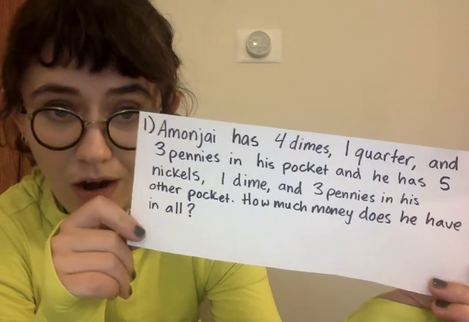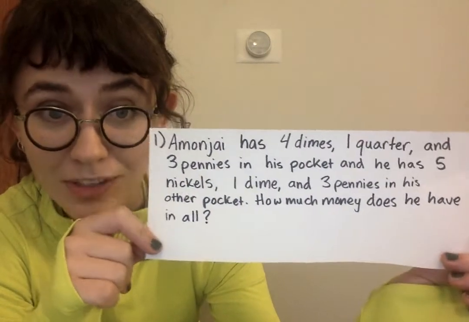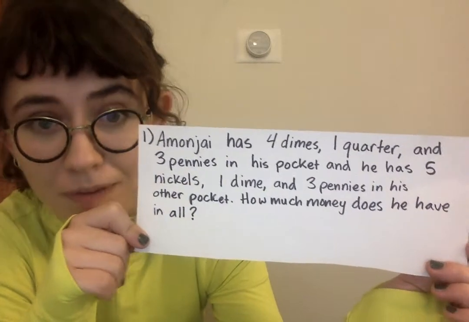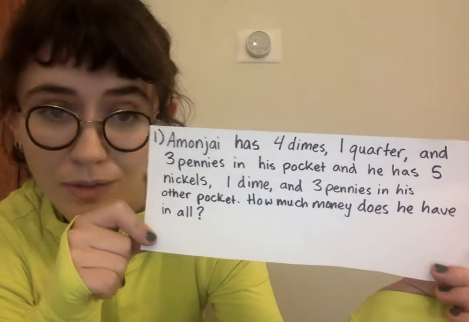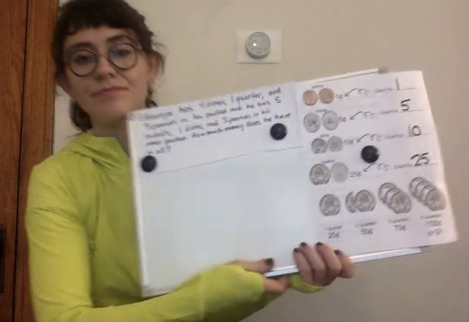Then we're going to draw our coin pictures. All right, so you can pause the video and try that on your own, and then you can go along and do it with me. All right, here we go. So, let's start this problem.